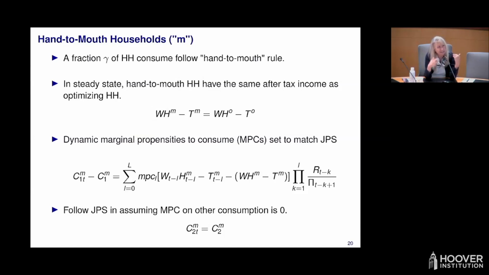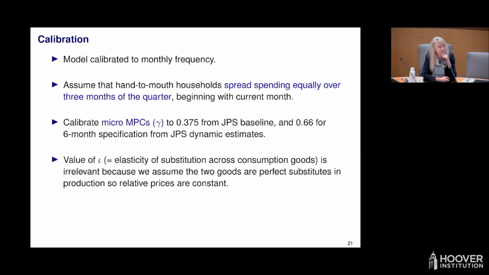And so we have these dynamic marginal propensities to consume. Whatever they don't consume initially, we assume they just get the same rate of return as what's sitting in their bank account. And JPS assumed that the MPC on other consumption is 0, so we assume that for these hand-to-mouth consumers. All right. So we can exactly match the estimates they're getting.